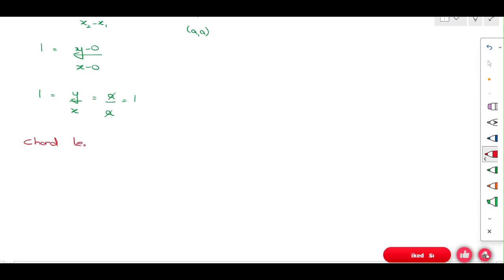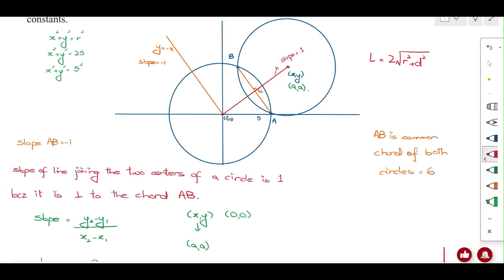So with the help of this formula, we can easily solve for the distance which is perpendicular to the chord. From the center to the chord, this distance is d. This is d and this distance is also d.